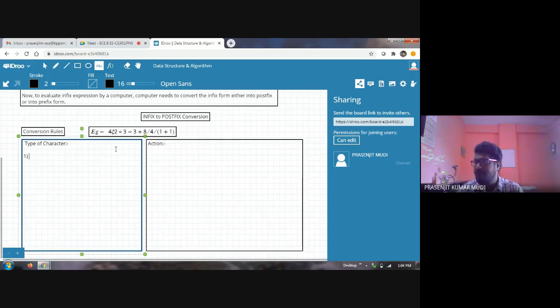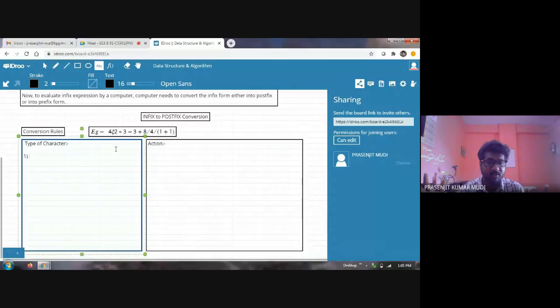Scanned means, you know what scanf means, right? So scanning. Whenever you enter the expression into the computer, the computer stores the expression. Each character is scanned by the computer and stored somewhere.